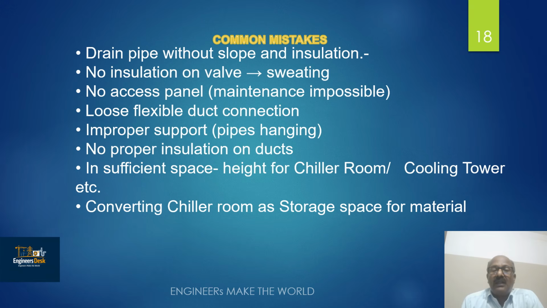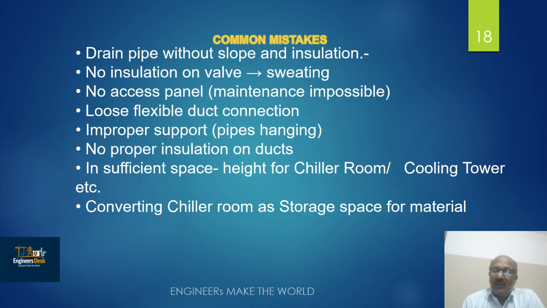What happens is the architect or the client does not give proper maintenance access in the false ceiling, which will cause problems in due course of 5 to 6 months, when the HVAC machine needs maintenance. An access panel is required, or otherwise the false ceiling has to be cut and damaged at that time. Loose flexible duct connections and improper supports are other general mistakes happening at site. If there is no proper installation on the duct also, sweating can happen.